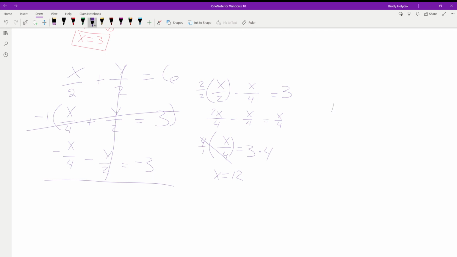So we have 12 divided by 2 plus y over 2 is equal to 6. So 12 divided by 2 is 6 plus y over 2 equals 6.